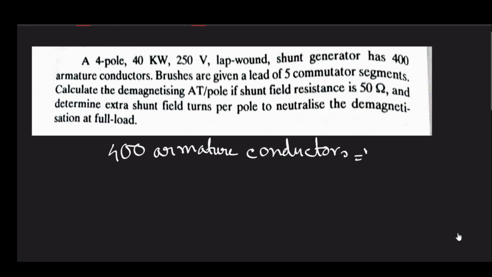So 400 armature conductors means, if we consider simple coil, then there are 200 coils and you need 200 commutator segments.